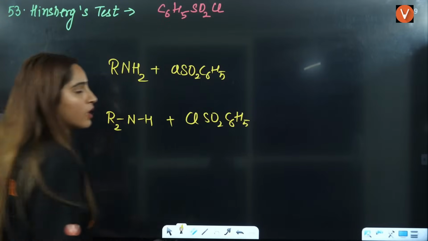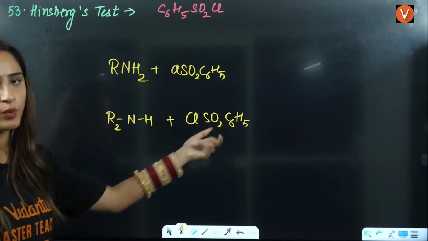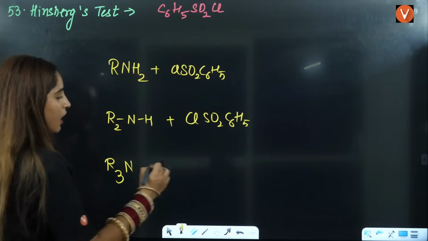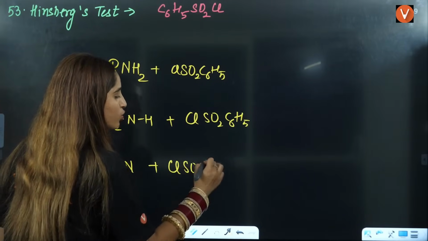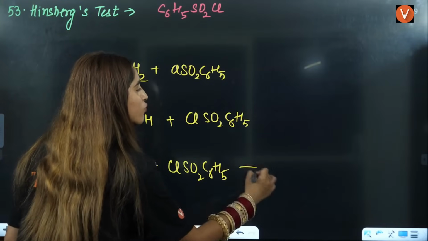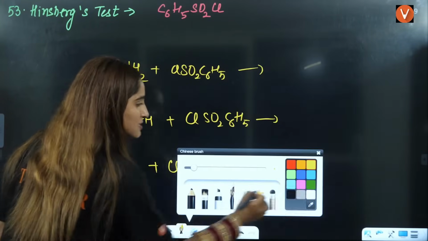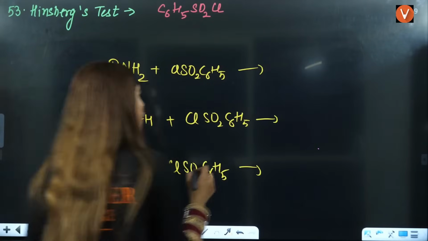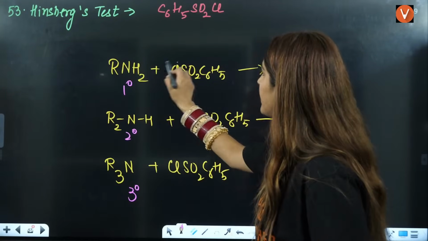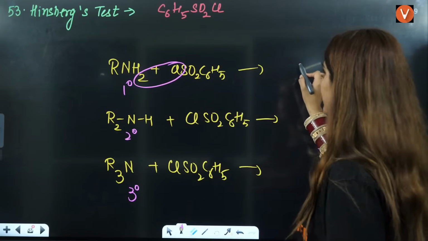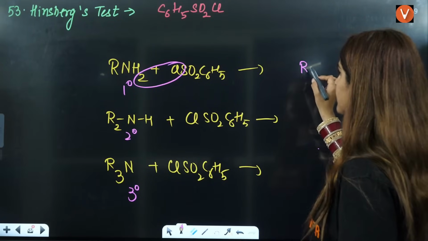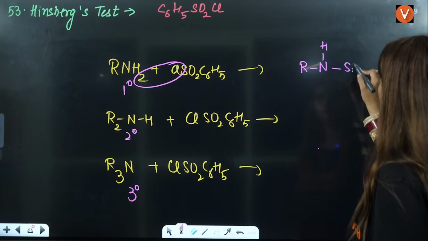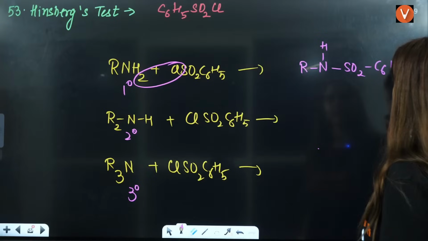And R3N, again with Cl SO2 C6H5. This is primary, this is secondary, this is tertiary. Here HCl is going to get eliminated, and you will have the formation of R, N with H, and SO2 C6H5.